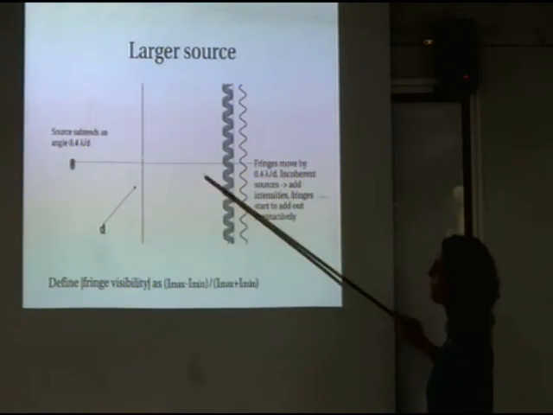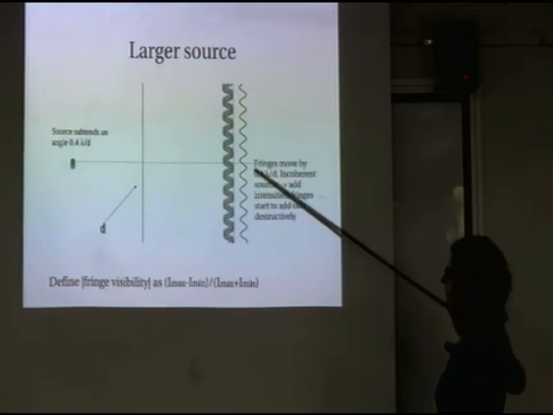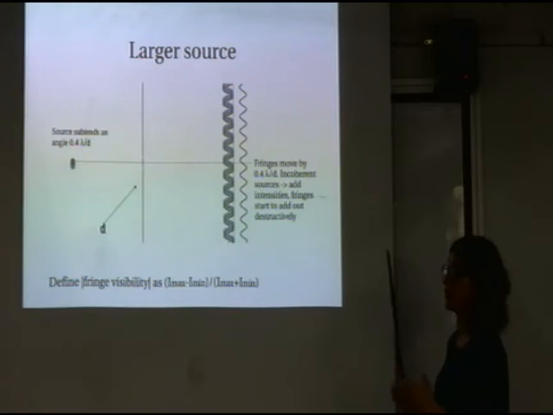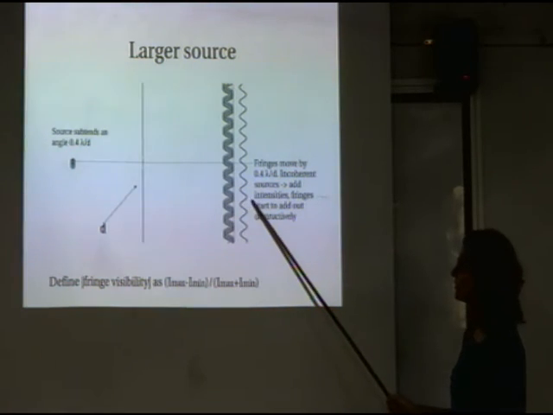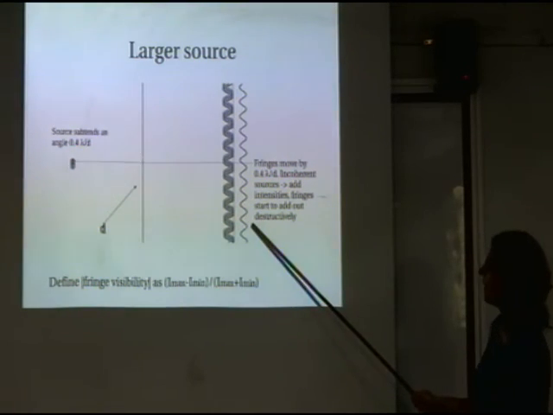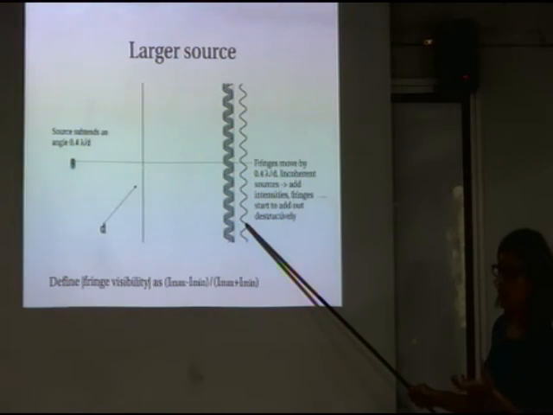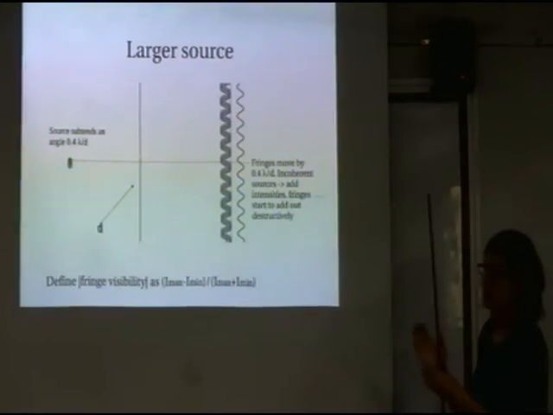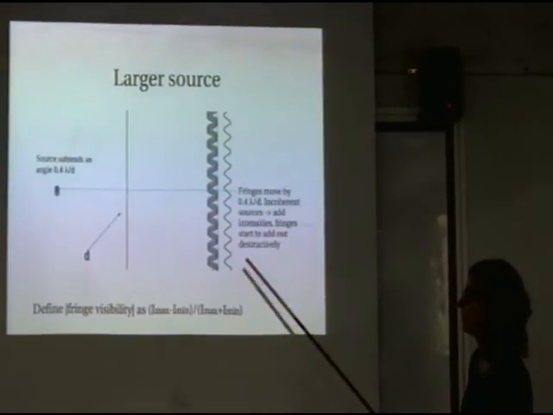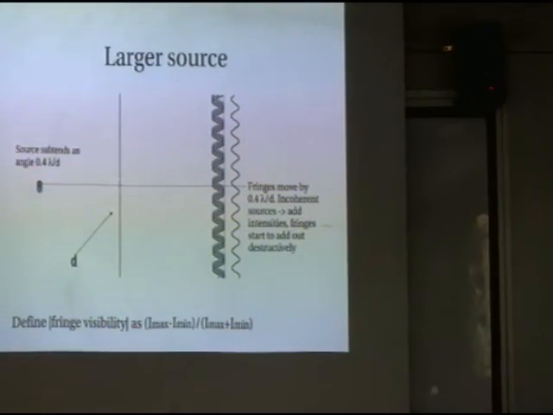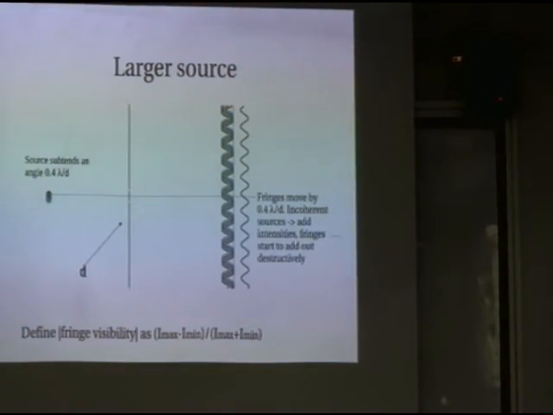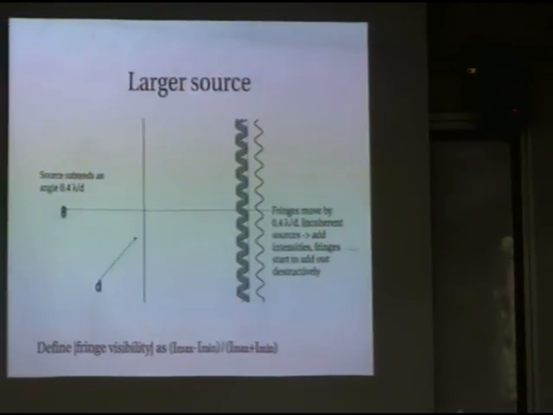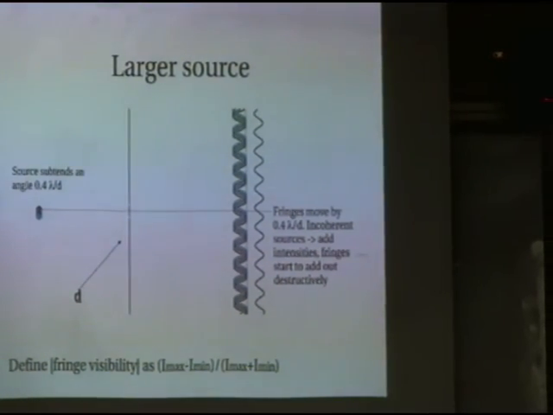As the waves go through, they start to add up with interference, and in the final result, you can see here, they start a destructive addition. So then the final result has a much lower amplitude than initially.